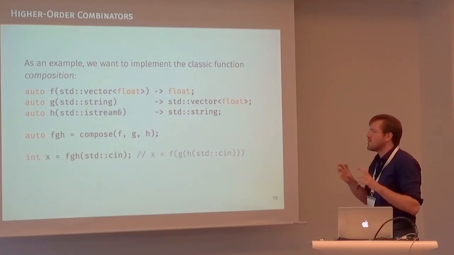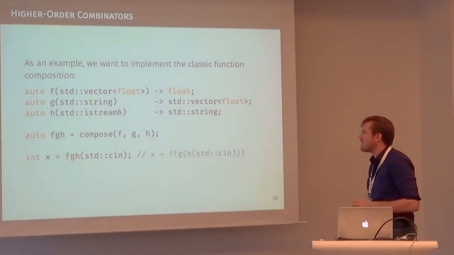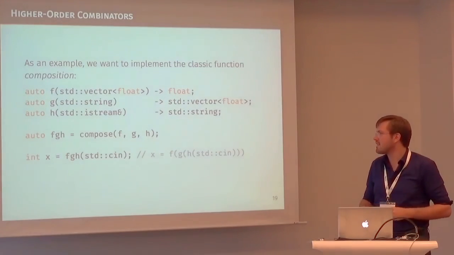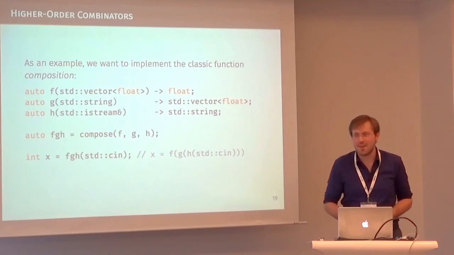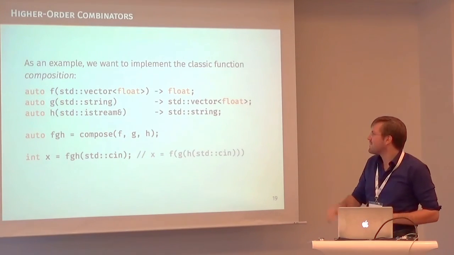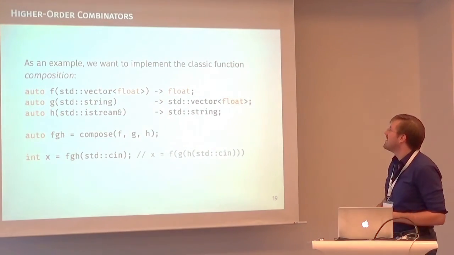Function composition is the first, I don't know, when people learn Haskell, it's the first function they learn even before how to print a string, okay? So function composition is very important in this talk.